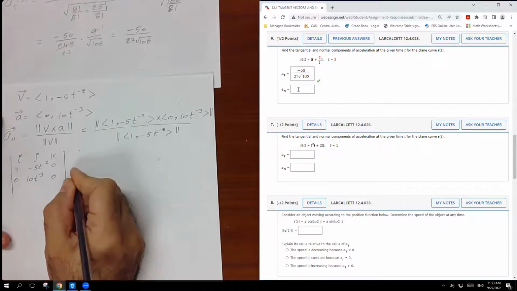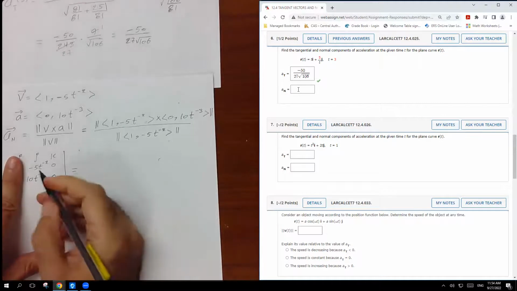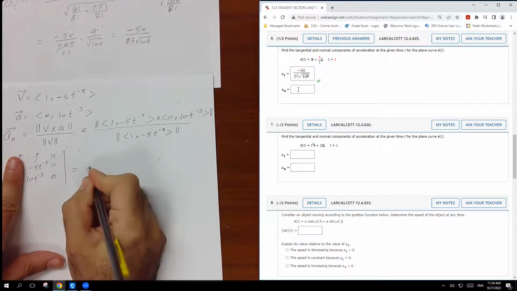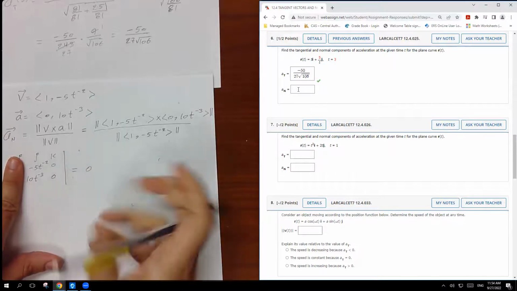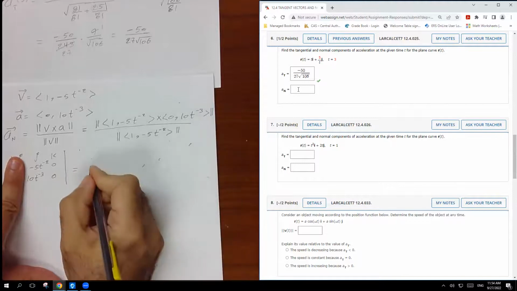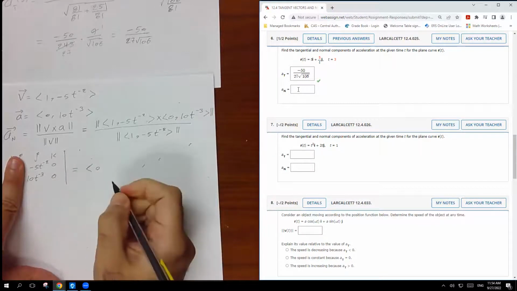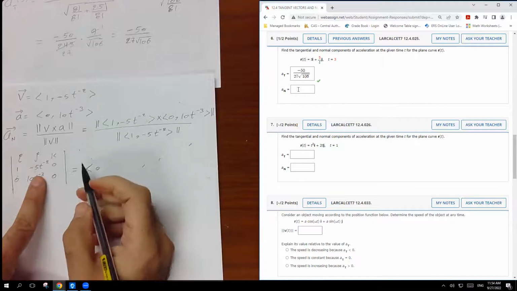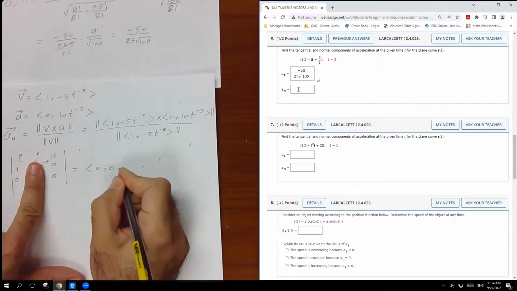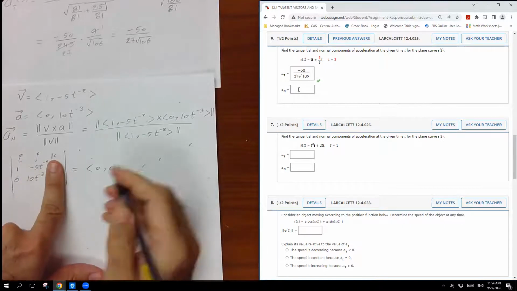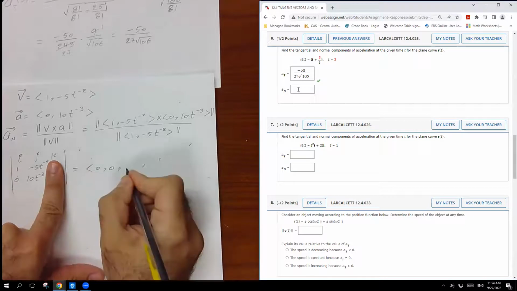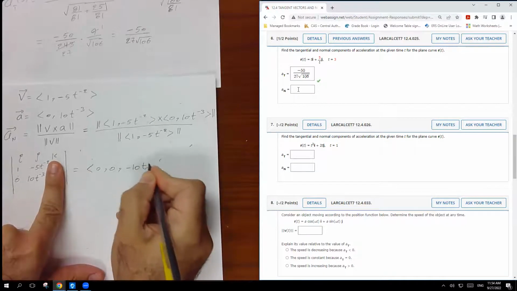So this one is going to be equal. For the I, J is going to be 0. And the result is going to be a vector. So with the I is 0, with the J is going to be also 0. And with the K is going to be negative 5, 0 minus 10 T to the negative 3.